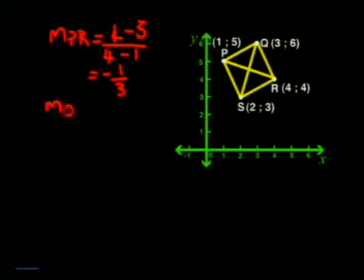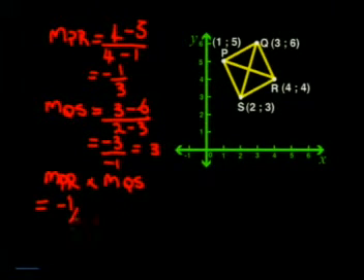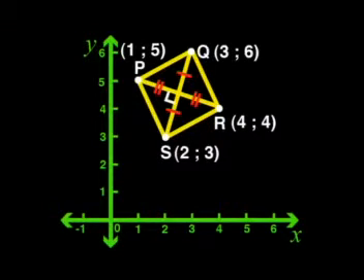Then for QS, the gradient is (3 minus 6) divided by (2 minus 3). So that's 3. -1/3 times 3 is equal to -1. And that means? That means that the diagonals are perpendicular to one another. So we have shown that this shape's diagonals bisect at 90 degrees. It is therefore a rhombus.